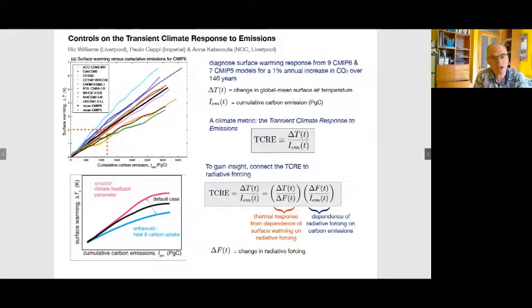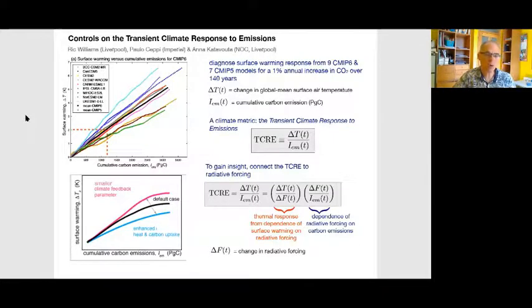Thanks very much, Colin. So this is work with Paolo Ceppi and Anna Katavouta. The top left figure is an example from 9 CMIP6 models of how surface warming increases with cumulative carbon emissions. And what we can see is there are significant intermodel differences in those slopes.